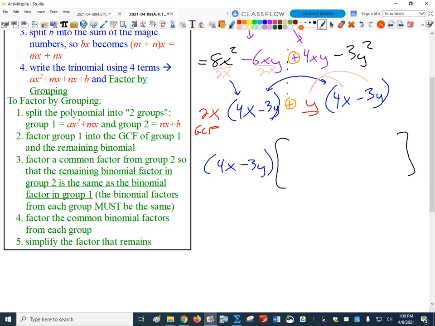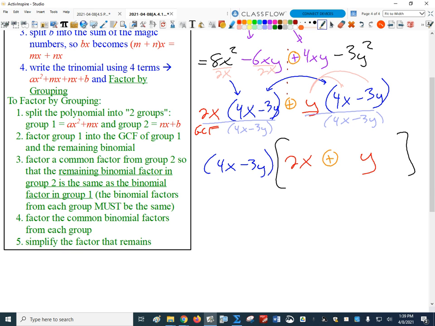Well, let's see. If I divide each group by 4x minus 3y, don't those cancel? Right? And so I'm left with, first group, 2x. I've got my plus in the middle. And if I divide the second group through by 4x minus 3y, it cancels, and I'm just left behind with a y.